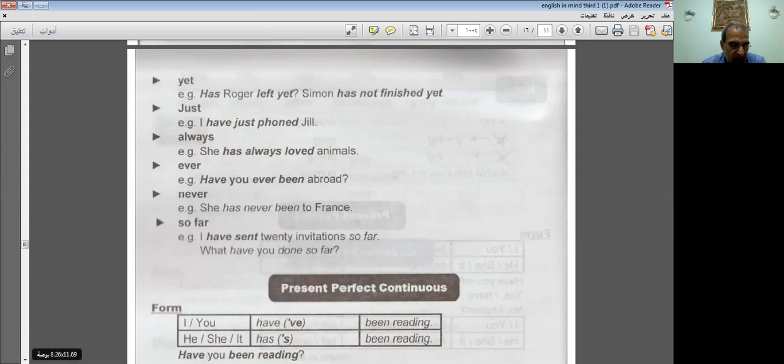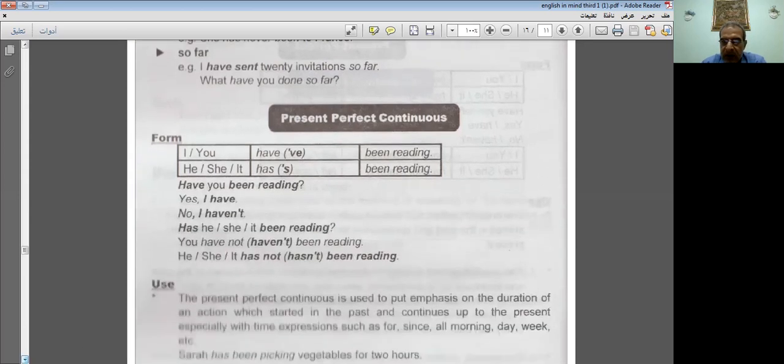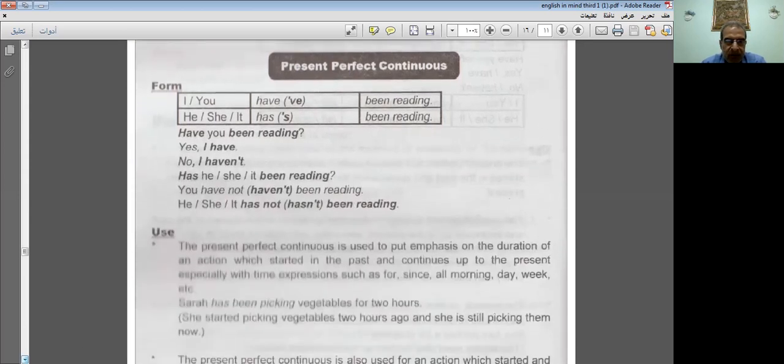The present perfect continuous. Here we have have or has plus been plus verb plus ing. Of course, you know quite well why we use have or has according to the subject or the pronoun. Have you been reading?